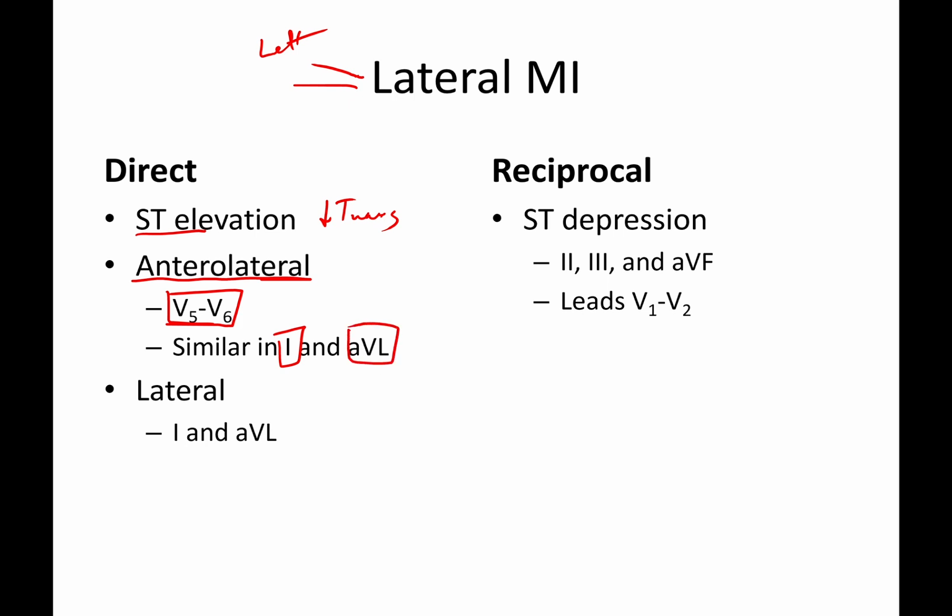So anterolateral, it's encasing that entire chunk because the 5 lead does include part of the anterior of the heart. A true lateral MI, which is going to be your left circumflex, is pretty much only going to show major changes in your 1 and AVL.